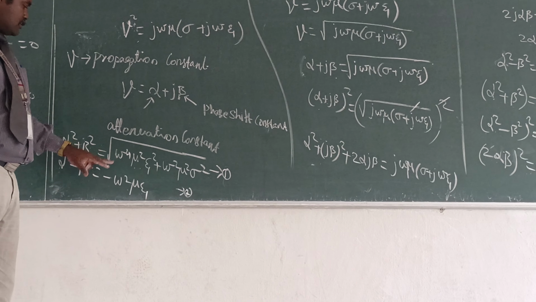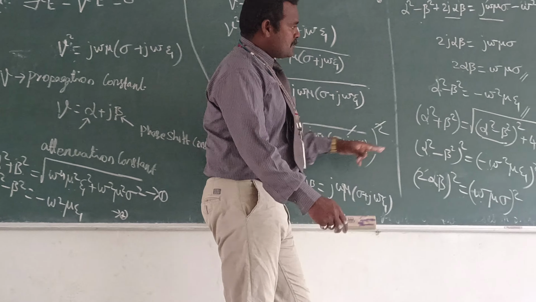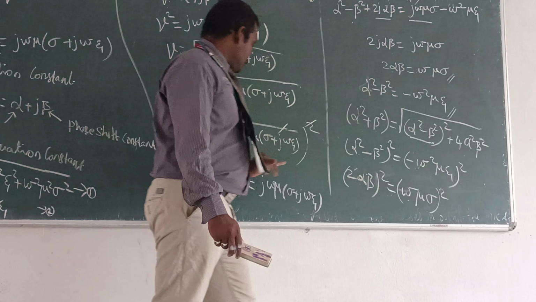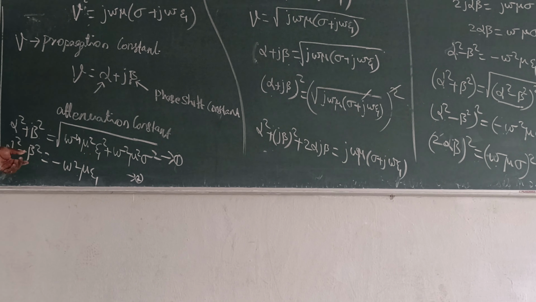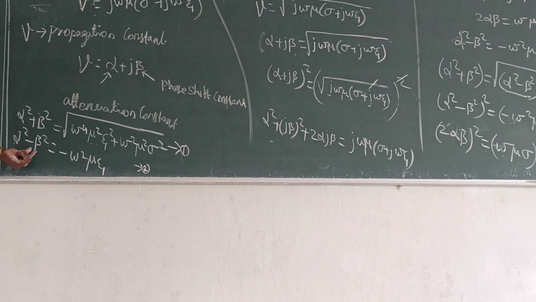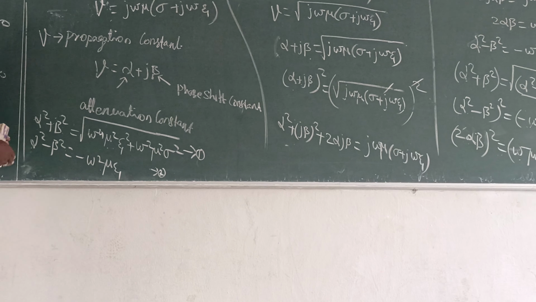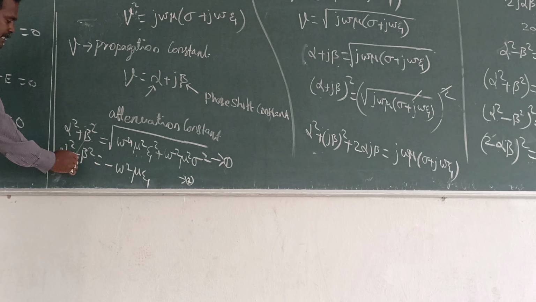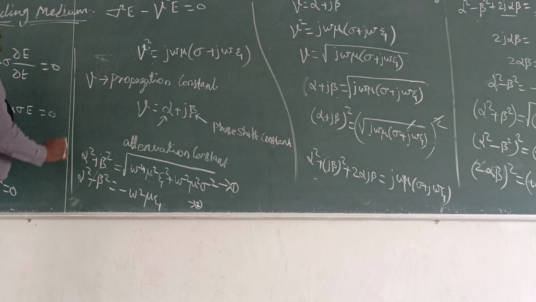While taking equations 1 and 2 and simplifying, you may receive alpha square plus beta square like this. Similarly, alpha square minus beta square we already found. While adding these two expressions, beta square gets eliminated, and 2 alpha square will come.